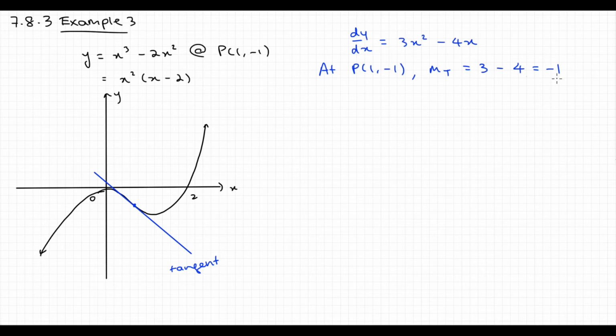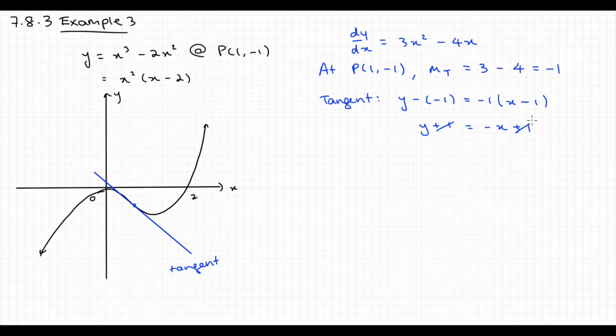So once we've got the gradient of the tangent, and we know that the tangent passes through 1, negative 1, we can straight away say that the equation of the tangent is given by y minus y1 equals the gradient times x minus x1. And if I simplify this expression, we've got y plus 1 equals negative x plus 1.